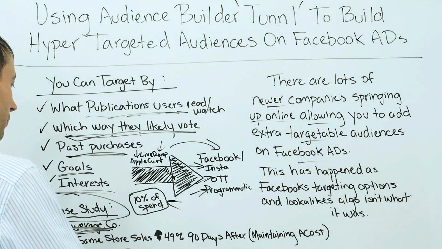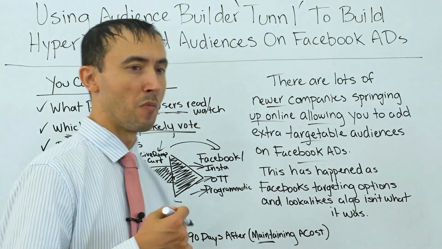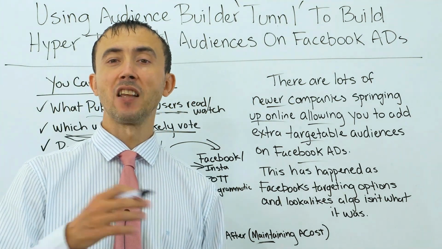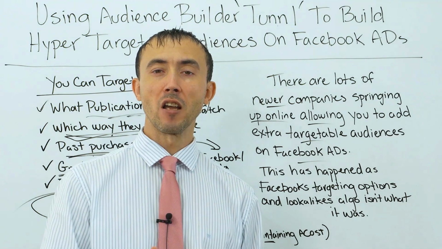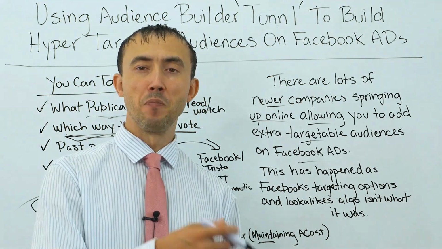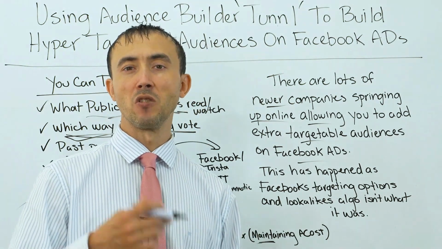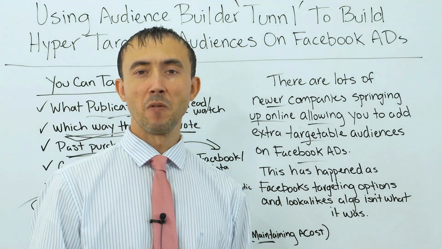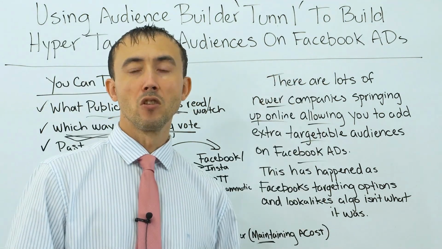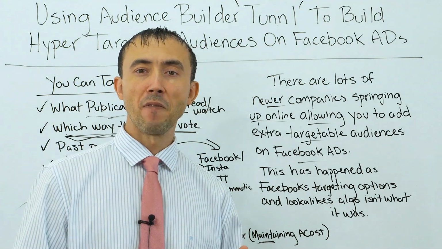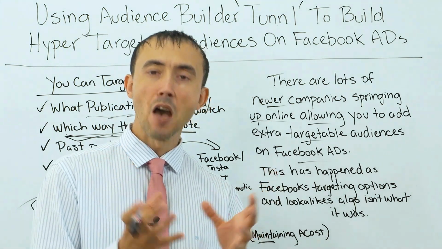Our task was to take the advertising funds they already had and reallocate them so that they're spent better. My suggestion was to target these audiences of people who already buy beer on a regular basis, which it wasn't exactly beer, but specifically using these audience builder tools, and specifically Tunnl in this case, to target them exclusively in the geographic area that we're in, to just hammer them with our ads.